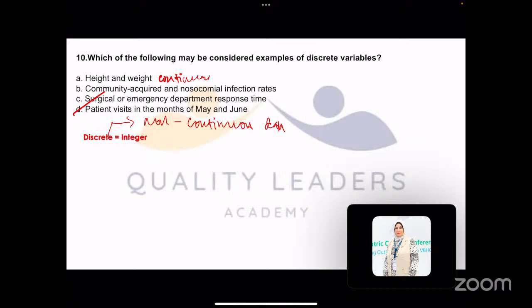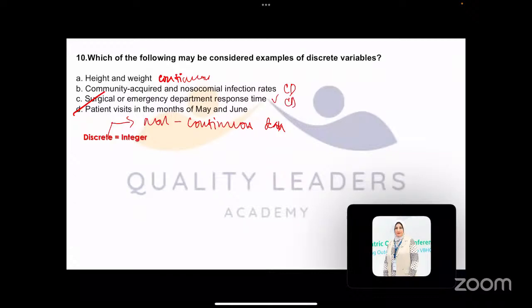Since it is a ratio, it can have decimal values, so it is continuous data. What about the surgical or emergency department response time? Does time allow decimal values? Yes. It's continuous data also.